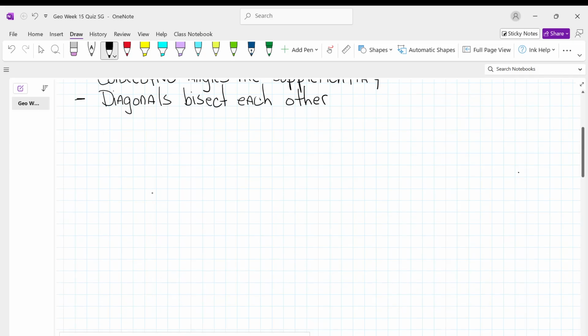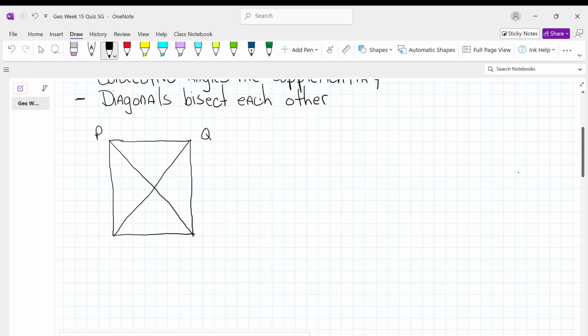So if we've got this rectangle, PQRST, we're told PS is 180. PR is 200. Find QT.